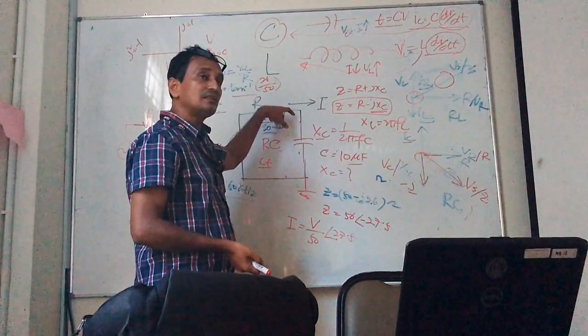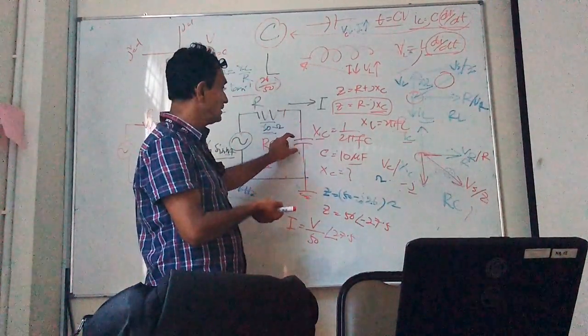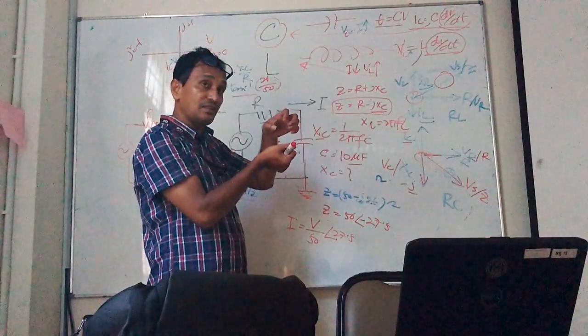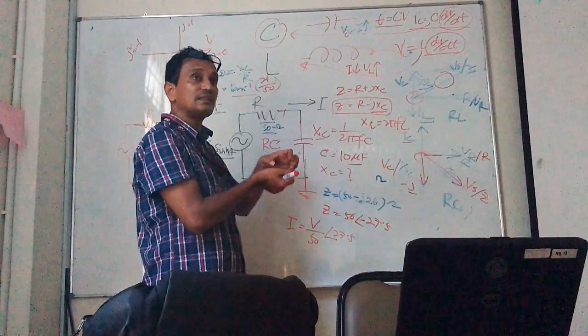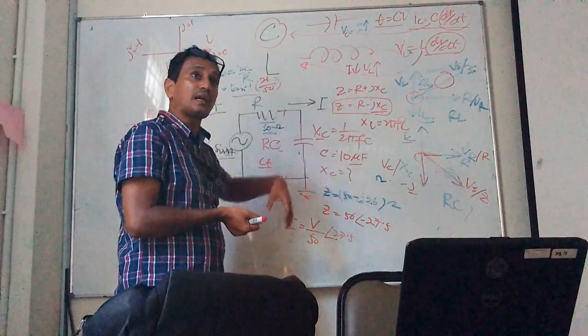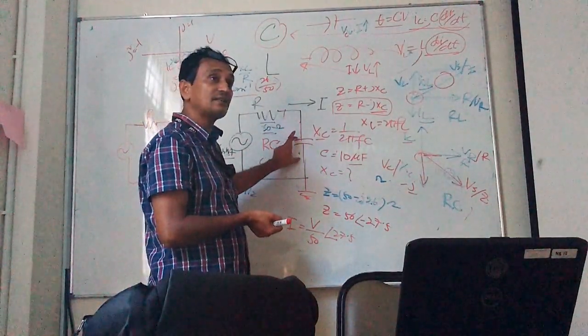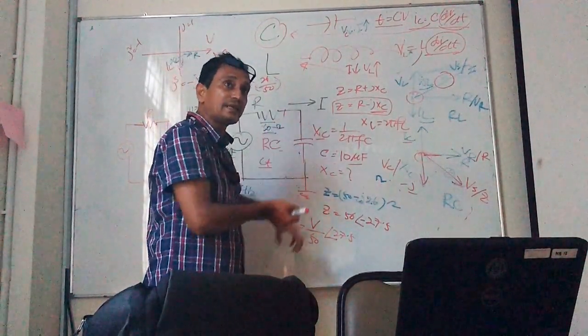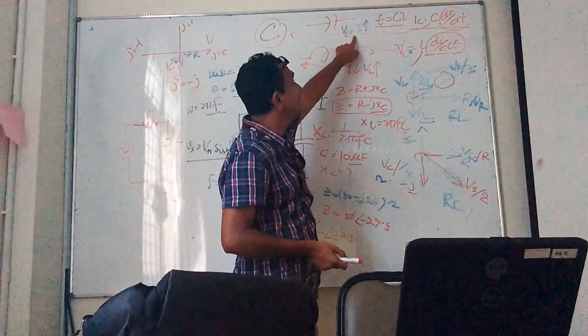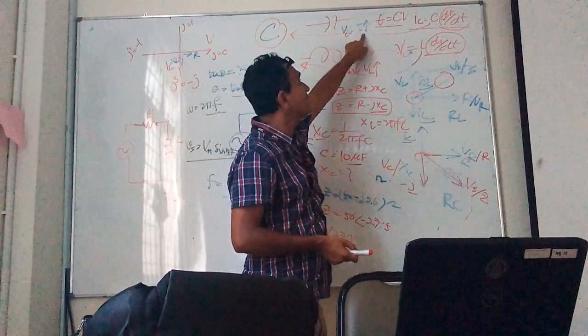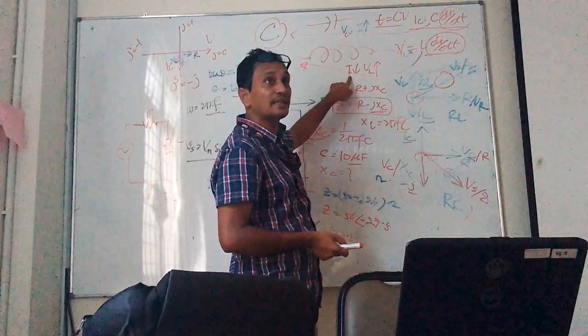That means current is leading. Then eventually an electric field develops, and then the electric field discharges to flow current. So here current is leading, voltage is lagging. Here voltage is lagging, current leading; there voltage is leading, current lagging.